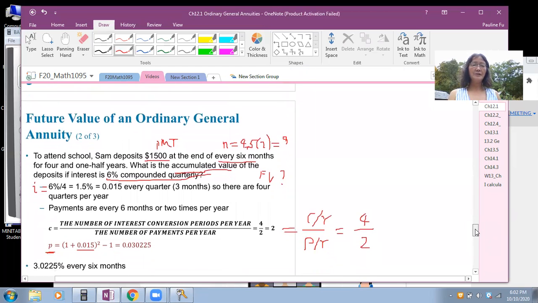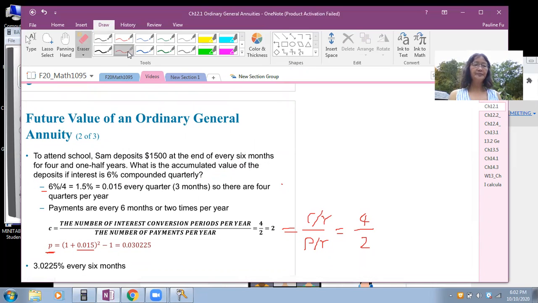So let's take a look at an example. Maybe I will erase the notes I made before or make new notes. To attend school, a son deposits $1,500 at the end of every 6 months for 4.5 years.